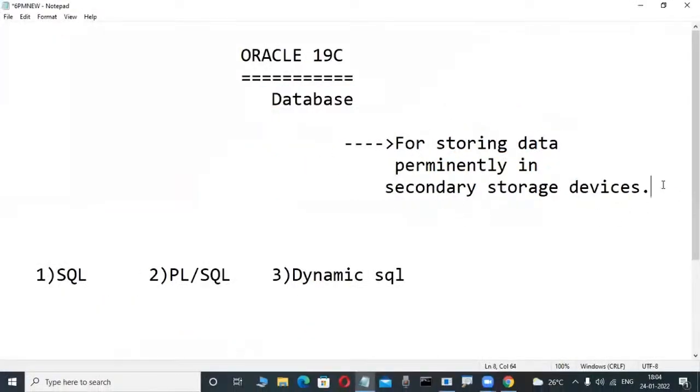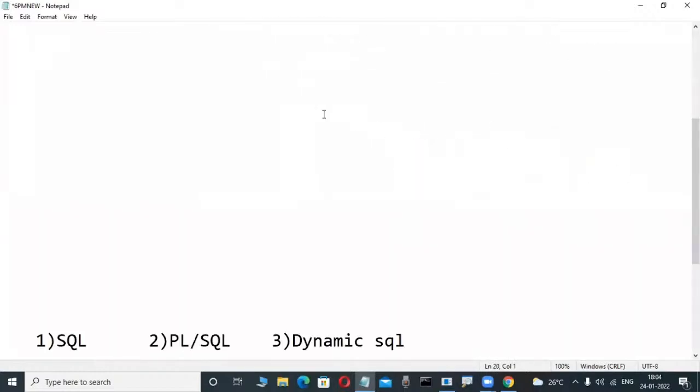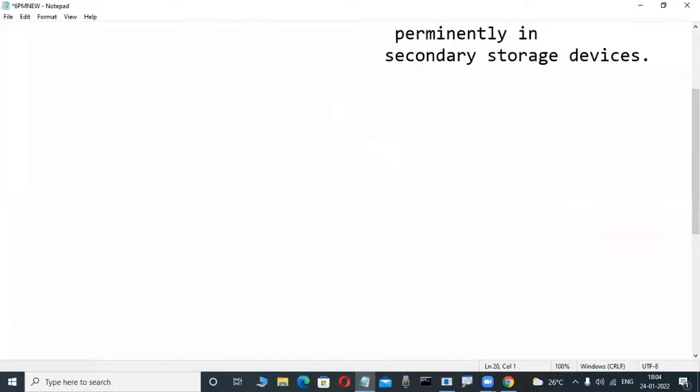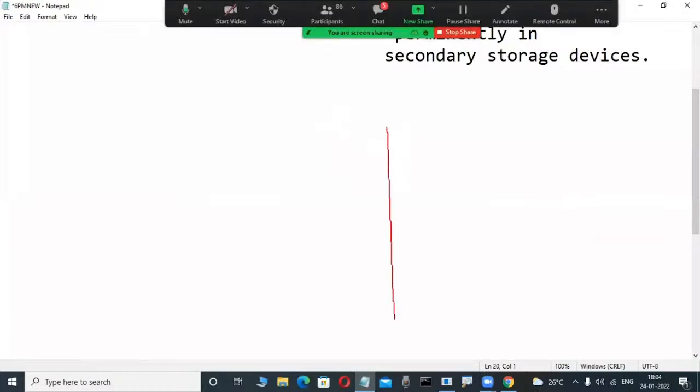But unfortunately, as I'm telling in previous classes, observe slowly here: a database is a place. Whenever we install Oracle, SQL Server, or DB2 in our system, automatically one place is created.